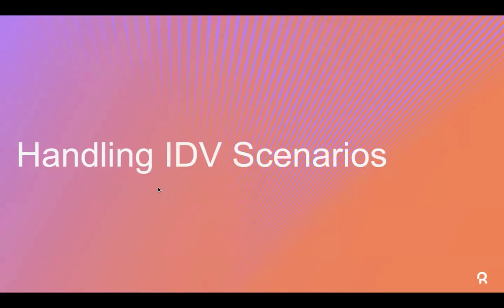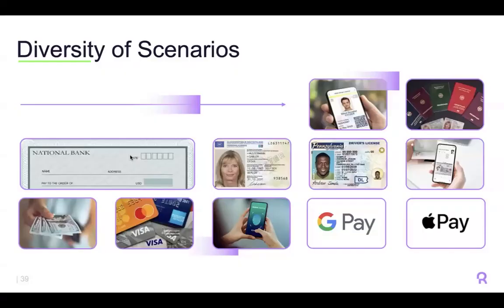For you as a company, it can be challenging to handle diverse IDV scenarios, different mechanisms, solutions, and regulations. What a nightmare. In our daily life, we have various payment options such as cash, bank checks, Apple Pay, Samsung Pay, Google Pay, physical or virtual credit cards, even biometric payments, and others.